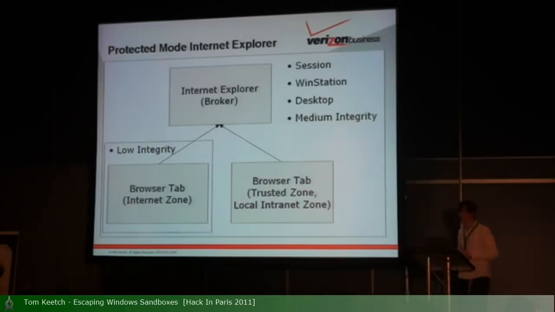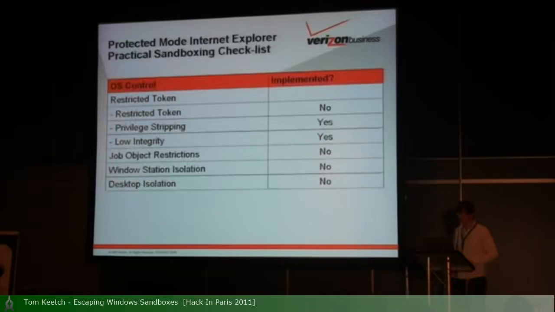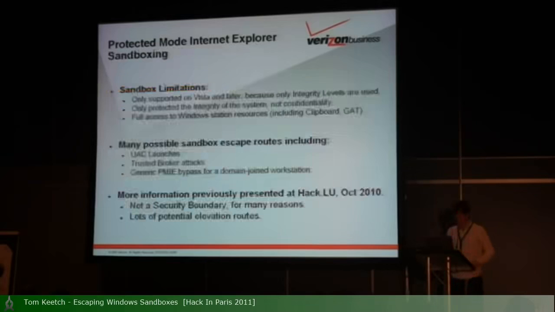And low integrity is the main way that it segregates things from the rest of the system. Otherwise, they share the same session, WinStation and desktop, and of course, any websites which are in more trusted zones aren't sandboxed. So if we look at this as a checklist, really they implement low integrity and some basic privilege stripping, but they're mostly overlapping mechanisms anyway. So this is a very, very limited implementation.